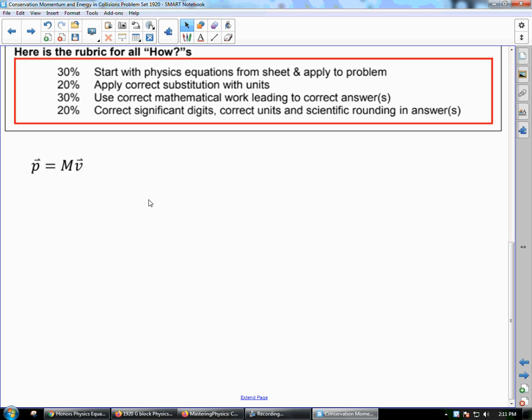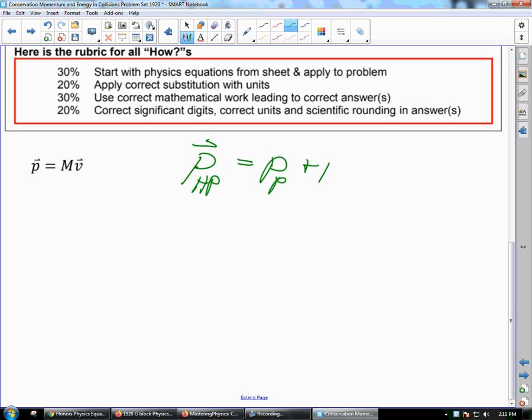And then the momentum of the hockey helmet and the hockey player before equals the momentum of the player plus the momentum of the helmet afterwards.